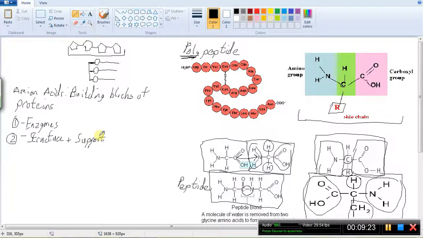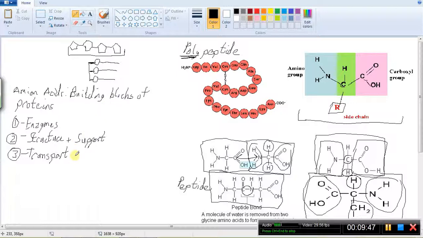So a lot of structural components of animals' bodies and our bodies have protein in them, and you can think of some things like your nails and your hair is made from a lot of protein, right? And then 3, proteins play a role in transportation, they help transport substances.